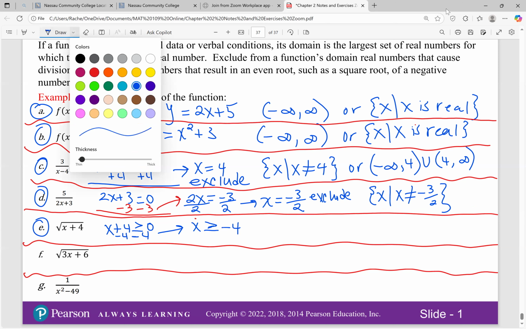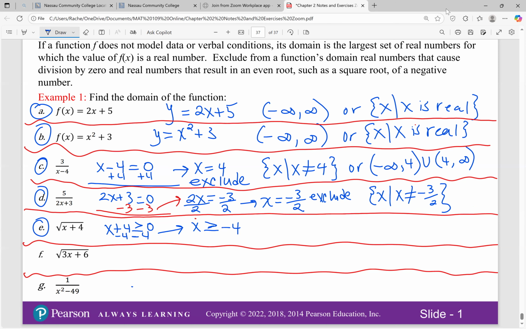Pick another number that satisfies x being greater than or equal to -4. What about -3? If we were to plug -3 in for x, we would get -3 plus 4, which is 1. We could take the square root of 1. So as long as we pick numbers that are greater than or equal to -4, we won't end up with a negative number underneath the radical.